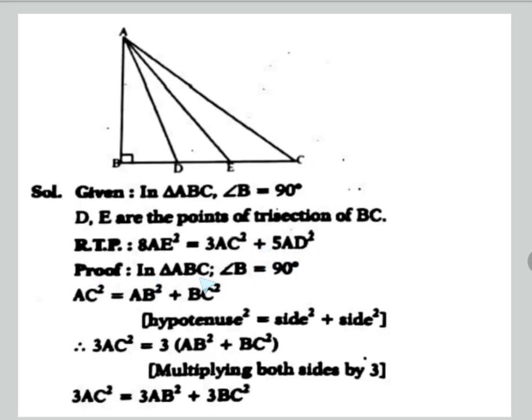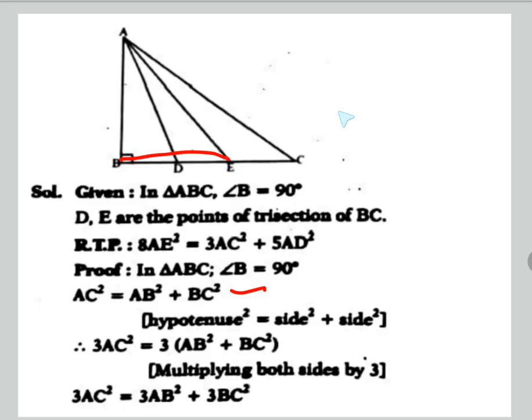We know that AC square is equal to AB square plus BC square. This is the Pythagoras theorem: hypotenuse square is equal to the sum of squares of the remaining two sides. Then multiplying with 3, 3 AC square is equal to 3 into AB square plus BC square, that is 3 AB square plus 3 BC square.